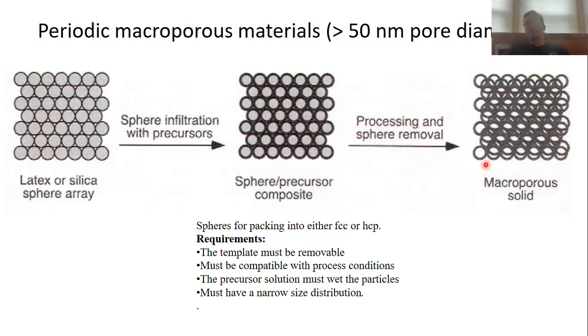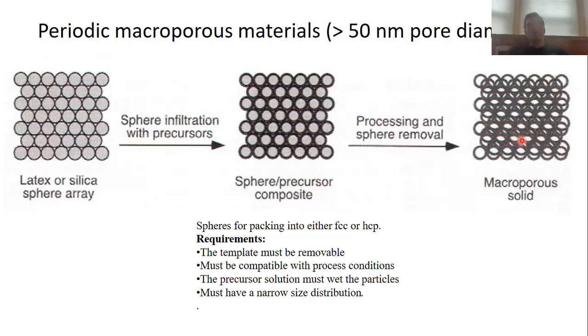That leaves you the inverted structure behind, which is also a macroporous solid, but a macroporous solid with significantly higher porosity than the original structure. Ideally, you would have a porosity of approximately 74%, because now the volume which was previously occupied by the spheres is empty space.